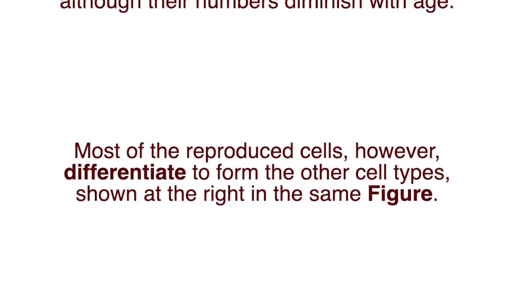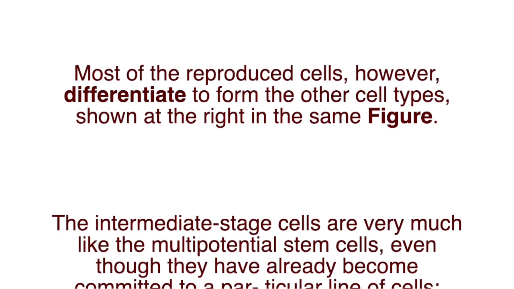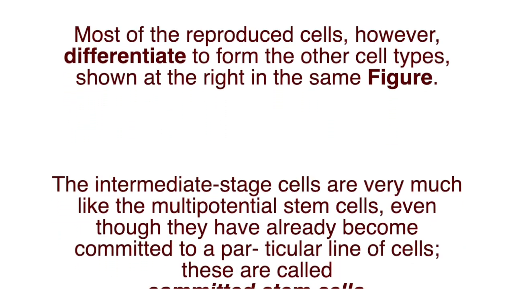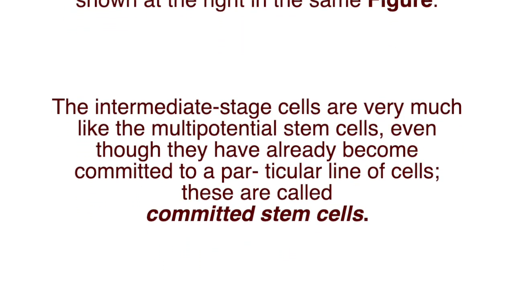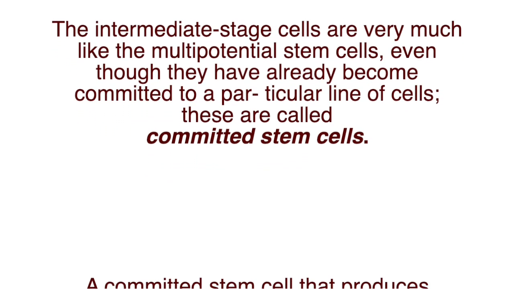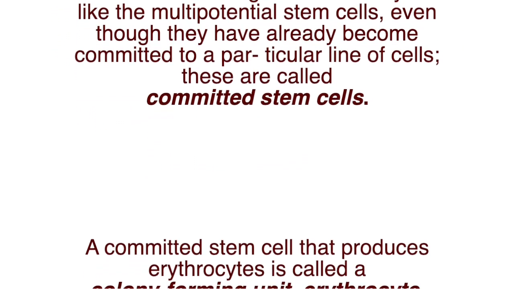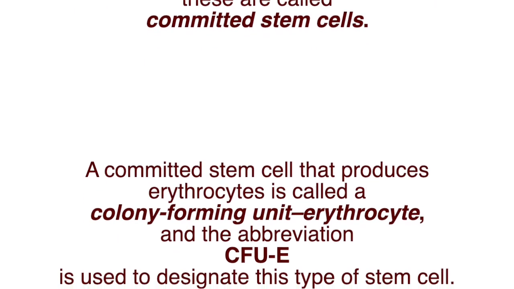Most of the reproduced cells, however, also differentiate to form other cell types, shown at the right side of the same figure. The intermediate stage cells are very much like the multipotential stem cells, even though they have already become committed to a particular line of cells. These are called committed stem cells.